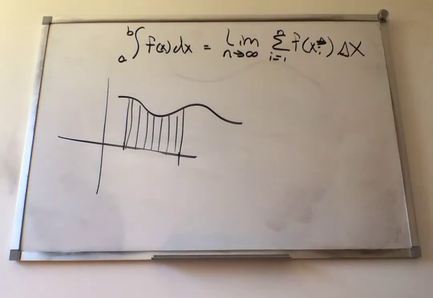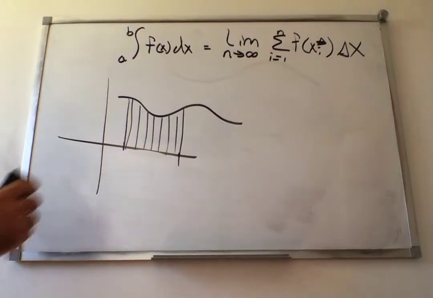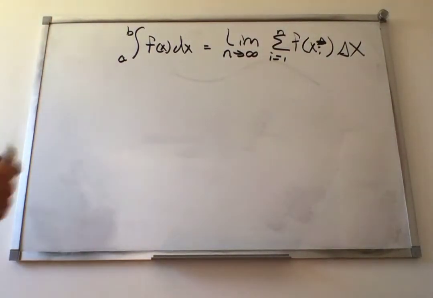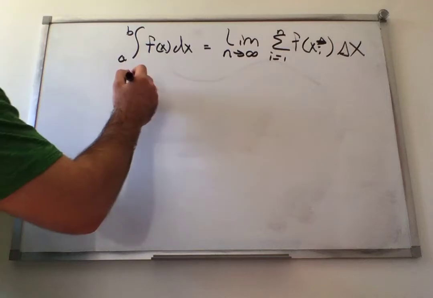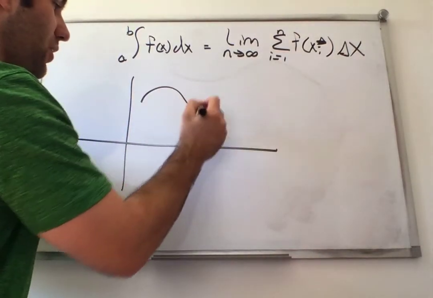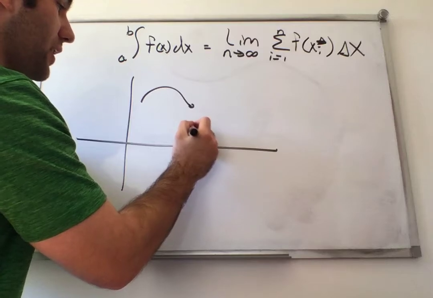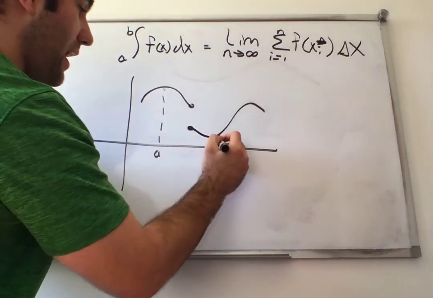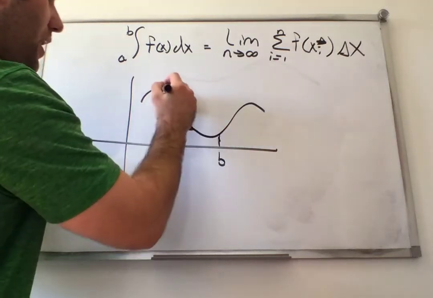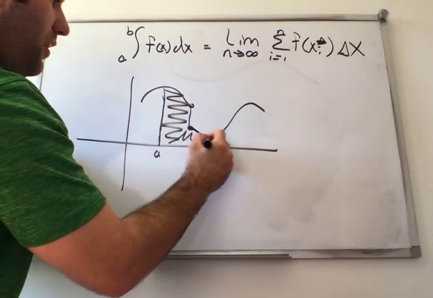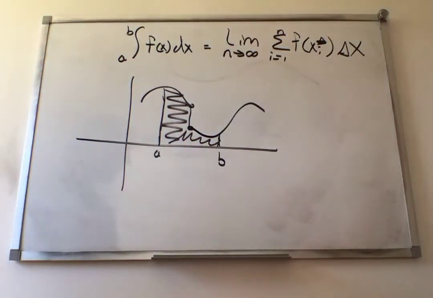Now the second case is if it has a finite number of jump discontinuities. For instance, if I had a function like this, open hole here, closed hole here, and it went like that, and I was finding the area from a to b, so I'd want all of that area right there.